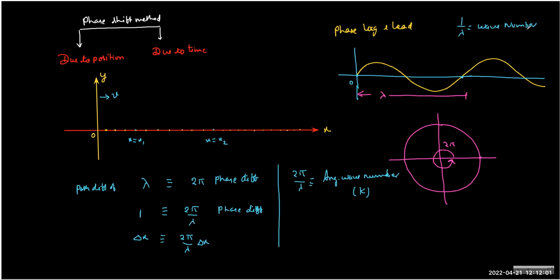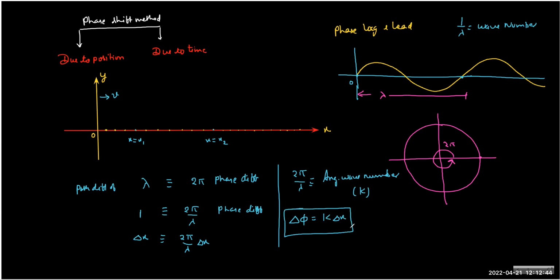You can think of 2 pi as making it an angular analogue only. This is not something with physical meaning, it is just written like this. So 2 pi by lambda we can write as angular wave number or simply k. And that is the reason any two points in space at a separation of delta x will create a phase difference. So the phase difference between two points at a separation delta x will be k delta x.